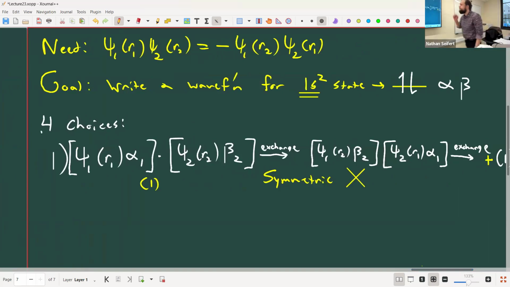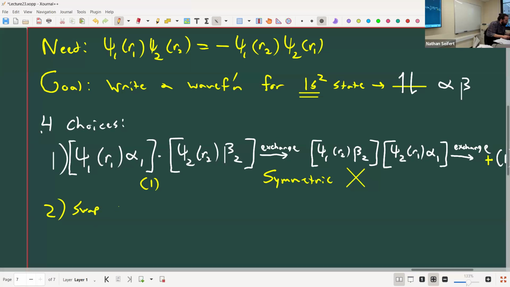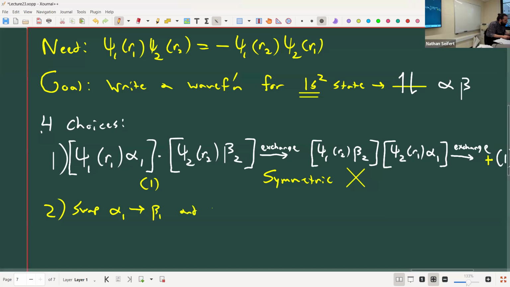And again, it shouldn't work because this is the approximation we took before, psi 1 times psi 2, we've just appended some extra stuff on the end. So that's obviously not the right answer. But these don't change anything at all. The other one is swap alpha 1 with beta 1 and alpha 2, or sorry, beta 2 with alpha 2.